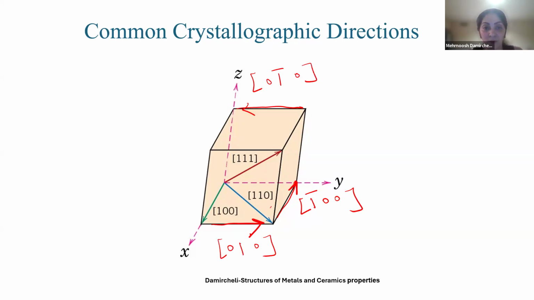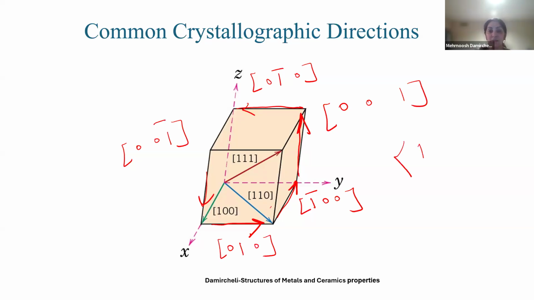Or for example, this is 0, 0, 1. What about this one? Opposite direction: 0, 0, minus 1.